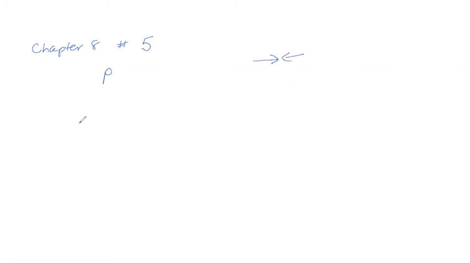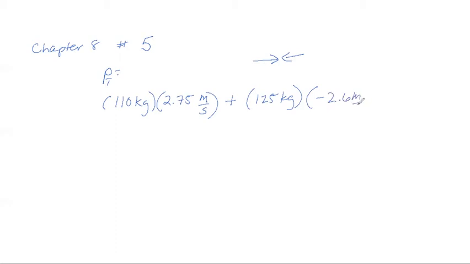So P total equals 110 kg, and we'll use going to the right as positive, times 2.75 meters per second, plus 125 kg times a negative 2.6 meters per second. And we're going to get a negative 22.5 kg meters per second.